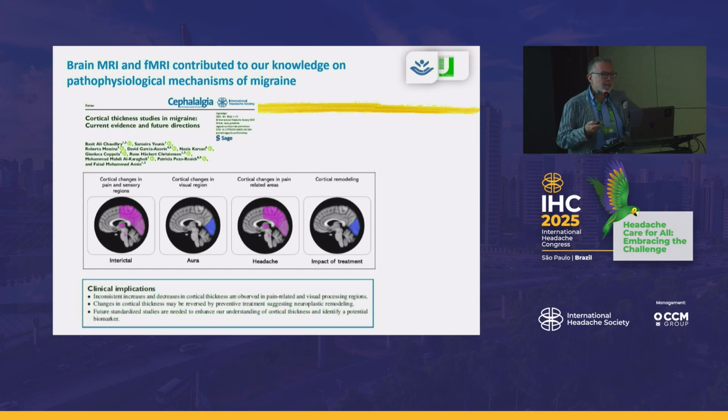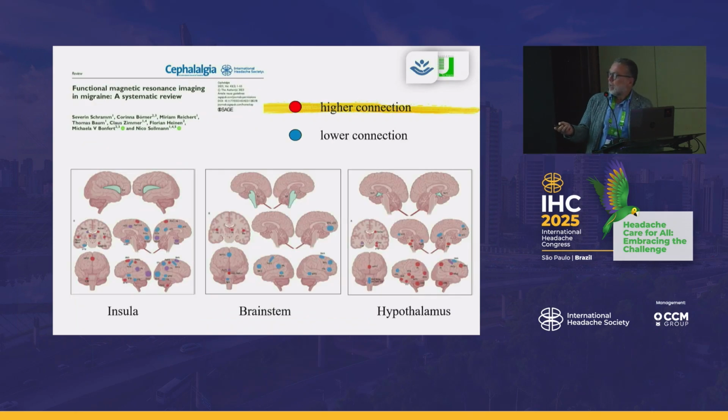The problem, as the authors underscore, is that there are great inconsistencies among the different studies, suggesting that a more standardized methodology should be used to really increase our knowledge and mostly provide a reliable biomarker.